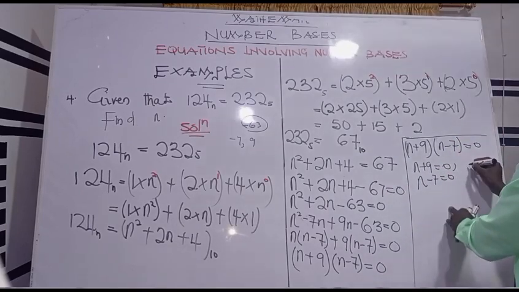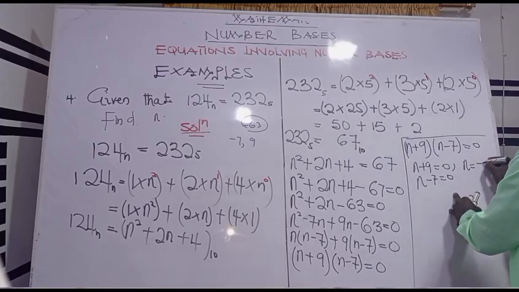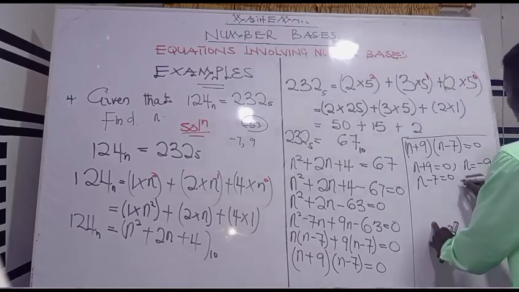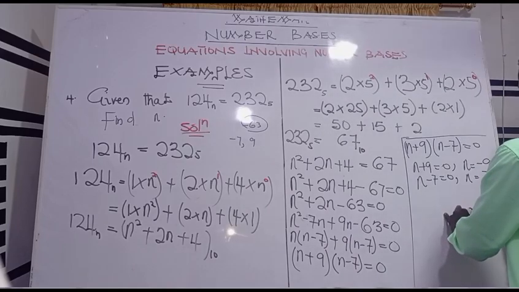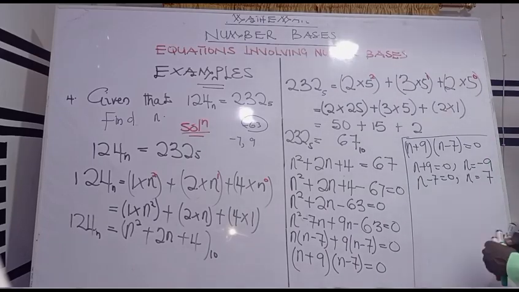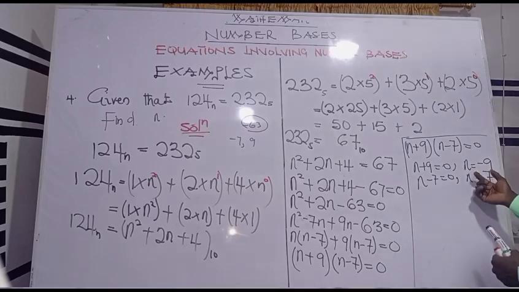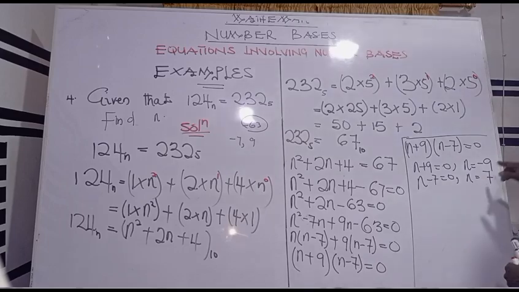So you can say that our n is equal to what? Minus 9. And then from here, our n is equal to positive 7. So n is equal to negative 9 or n is equal to what? 7.